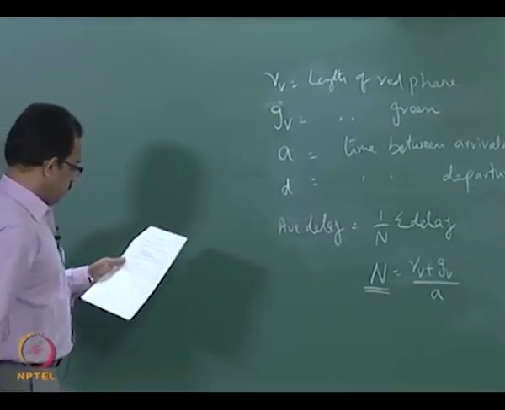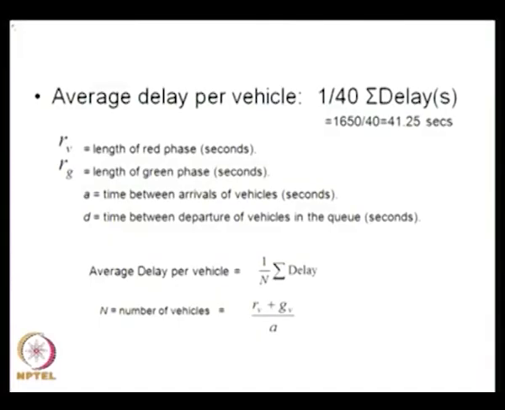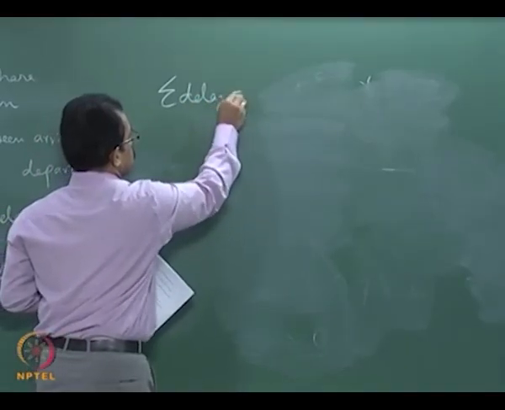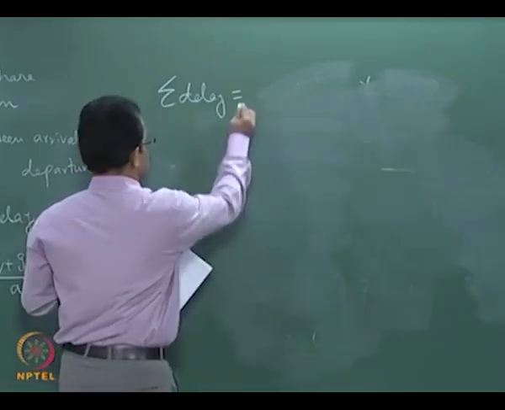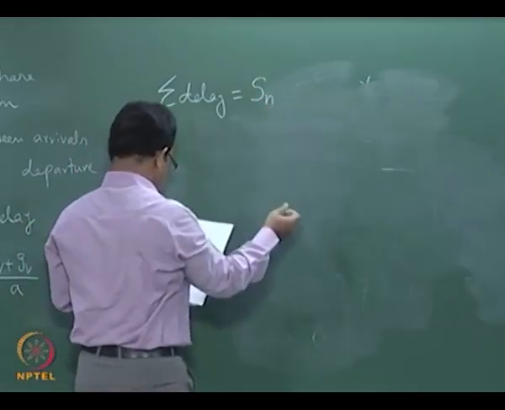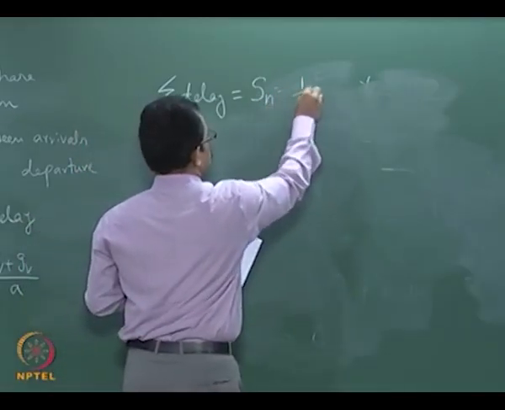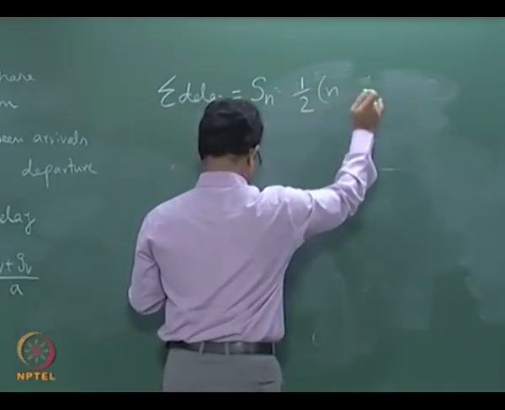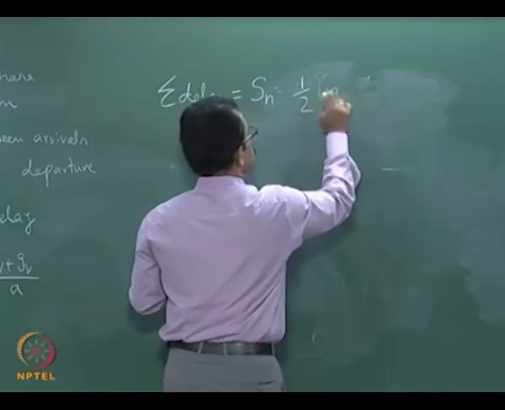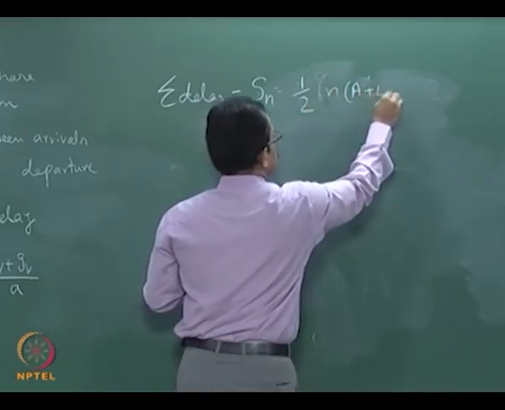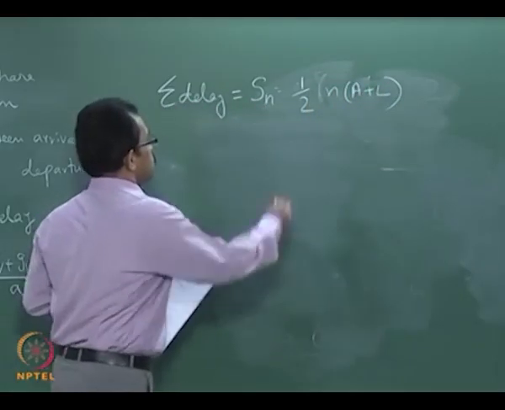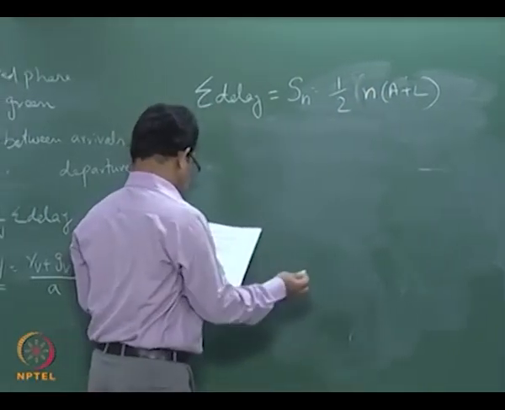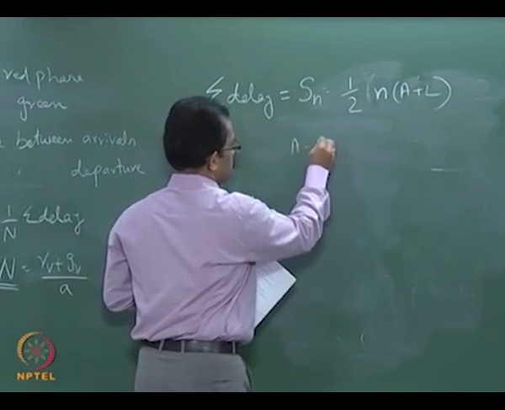Now if you want to find out the sigma delay, it can be calculated as Sn equal to 1 over 2 n times (A plus L).